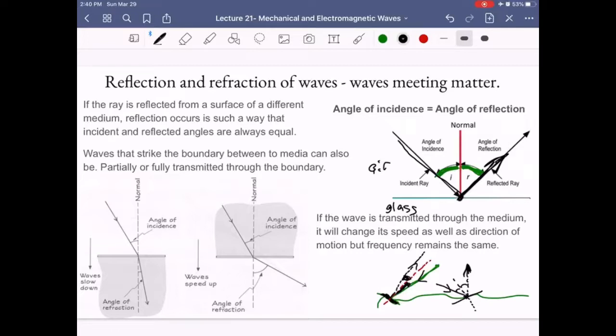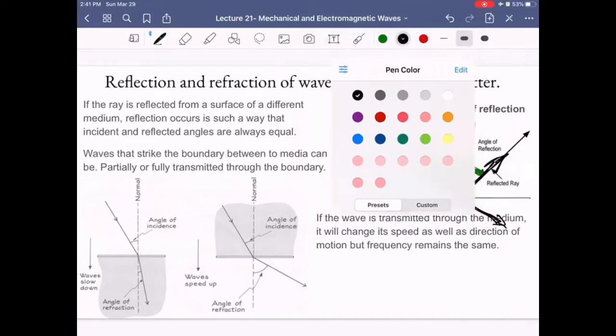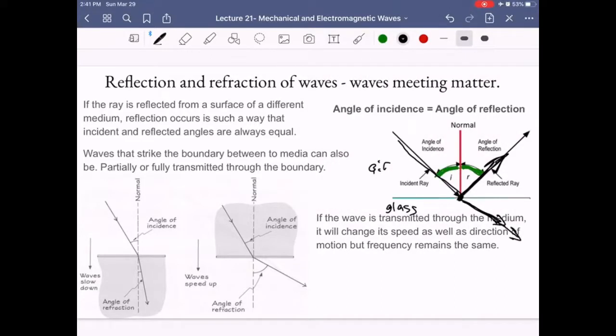That's the question. Would it just carry on going this way, or would it bend? Well, it turns out that the wave that goes through the surface into the second medium would not only change the speed of its propagation, but would also change direction. So this transmitted wave would not carry on in a straight line.